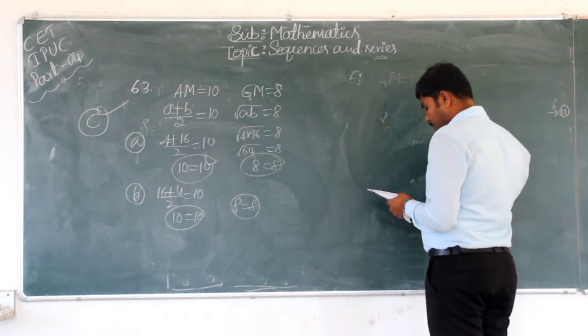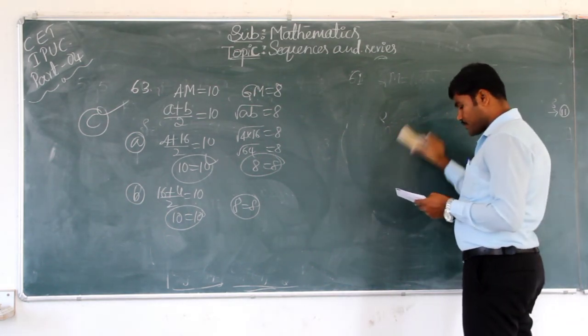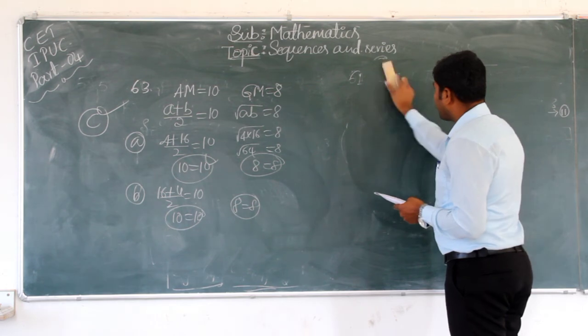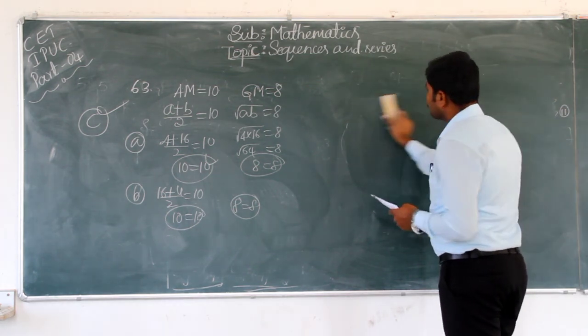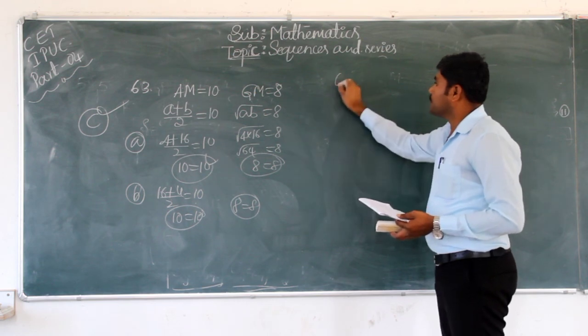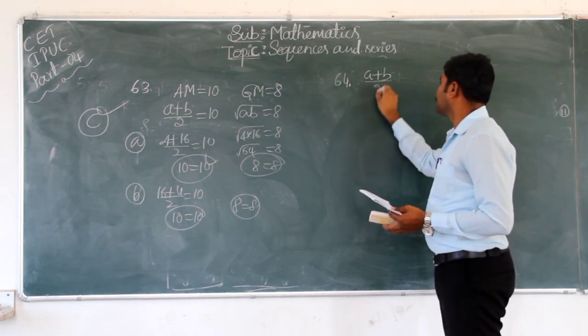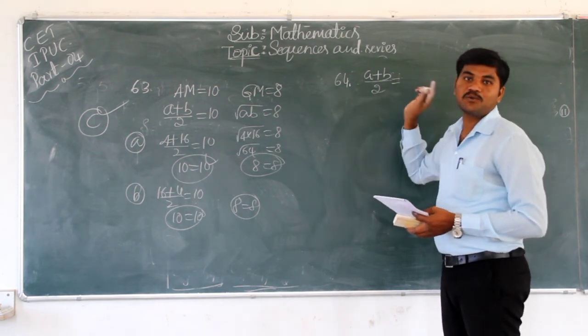The arithmetic mean of the roots of a quadratic equation is A and the geometric mean of its roots is G. Then the quadratic equation becomes what? As you know, the arithmetic mean means A plus B by 2, where A and B are the roots of the equation. And the geometric mean GM is root AB. Here A and B are the roots of the equation.